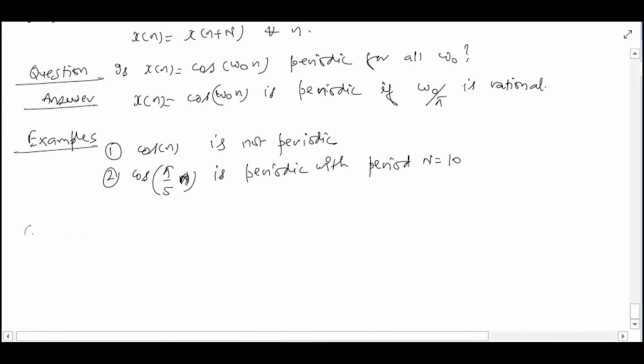Next question. As in the continuous time case, we can ask, if we have two periodic signals, will their sum always be periodic? Well, the answer is similar to the continuous time case.